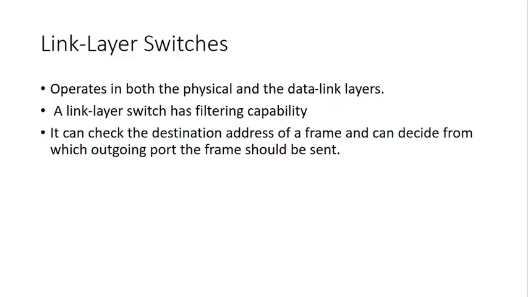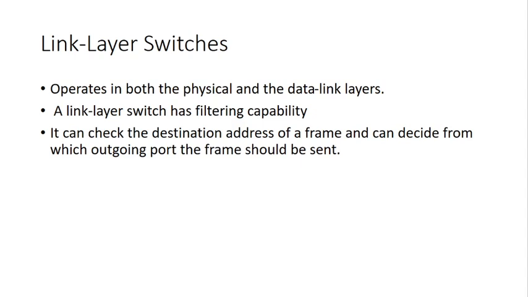Let's come to the next type of connecting device, that is the link layer switch or link layer switches. A link layer switch operates in both the physical layer and the data link layer.